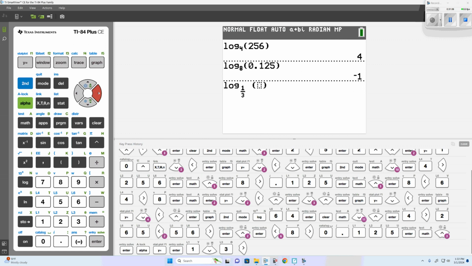I clicked alpha and it made a Y. It didn't work for me either. Here, alpha, enter, and then whatever, 1, 1/3.